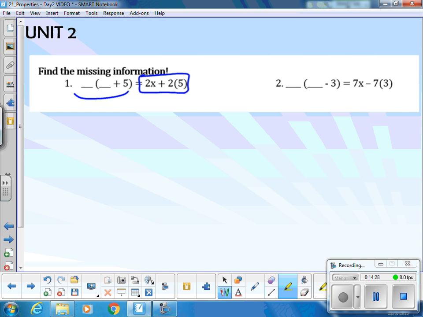Well, what's the thing that they have in common? It's that 2. So what's going to be pulled out to go on the outside? Who's kissing everybody? 2. 2 is being kissed or kissing everybody. Now if you do that and you take that 2 away, what's left? You have the 5 here, that's already written, but what's left over here is simply that x. All right, I'm going to let you guys try number 2 for Edmodo.